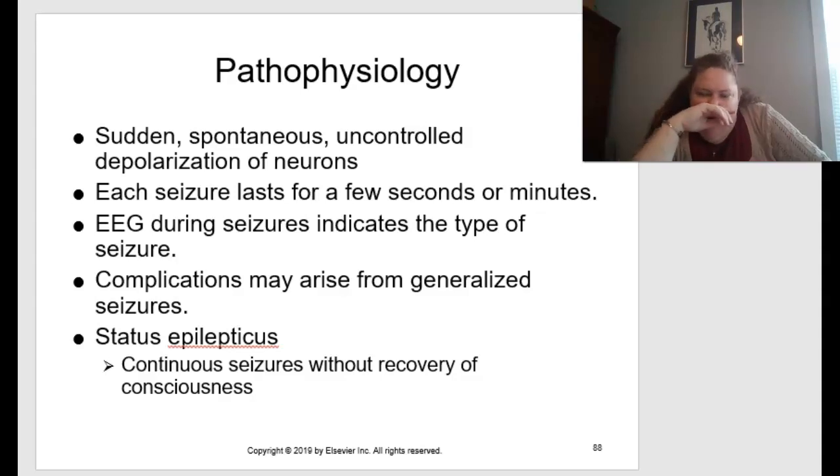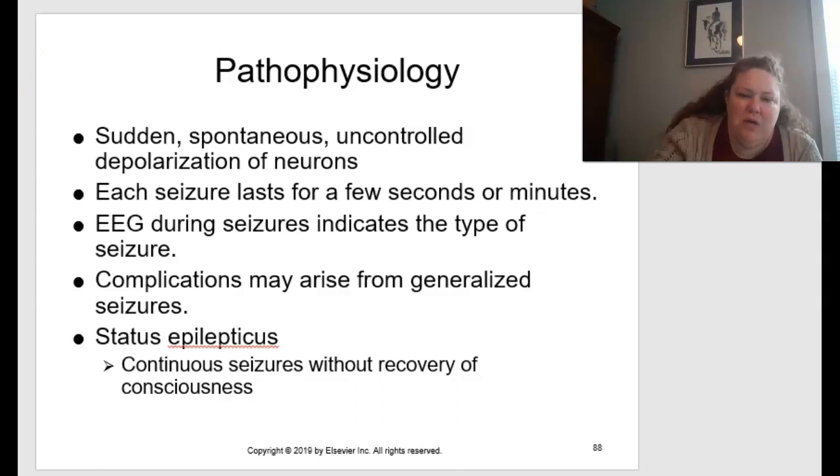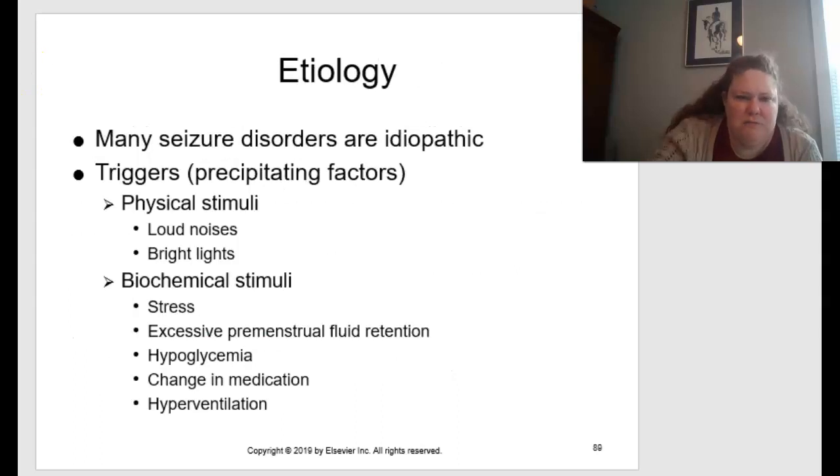EEGs during seizures can help indicate the type of seizure that the patient's having, and complications may arise from generalized seizures. You also have status epilepticus, and this would be continuous seizure without recovery of consciousness. Many seizure disorders are idiopathic, which means we don't know what causes them. Triggers of them are nondescript almost.